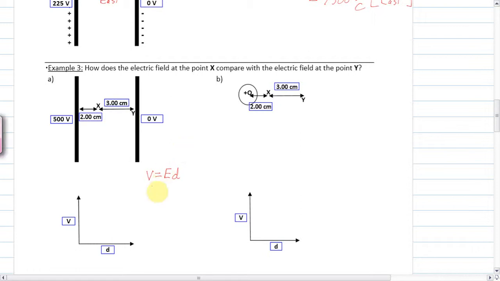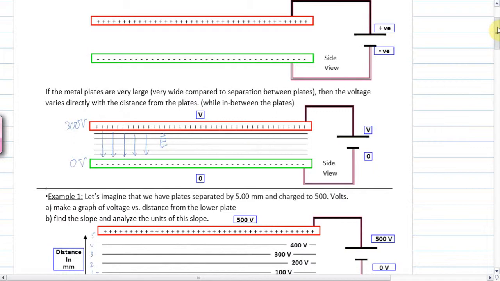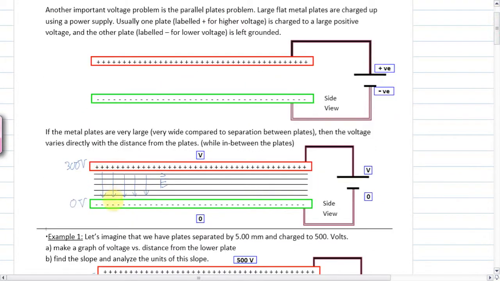Okay? So we're graphing the V versus the d here. And so it's kind of like y equals mx, where E is the slope. And we know that in a parallel plate, the E field is constant. We've just mentioned it, because all the lines are the same distance apart. That's another way of taking a look at it, right? When I drew the very first one on the first page, all these lines were the same distance apart.